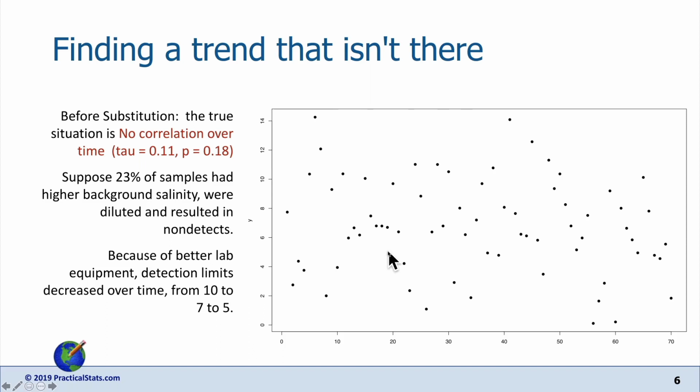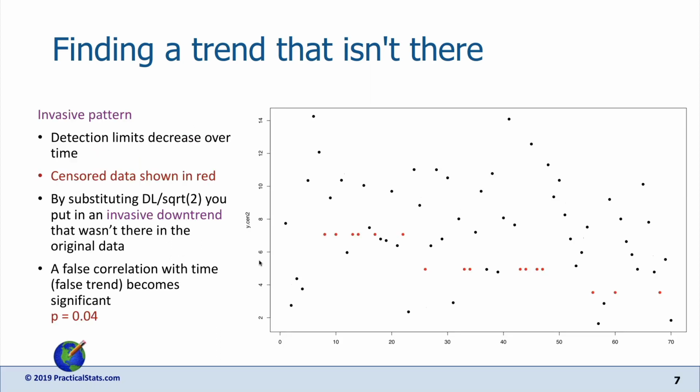And on top of that, because of better equipment, detection limits tend to go down over time. So here I've put in detection limits of 10, 7 and 5. And then I used 1 over the square root of 2 just to be different.